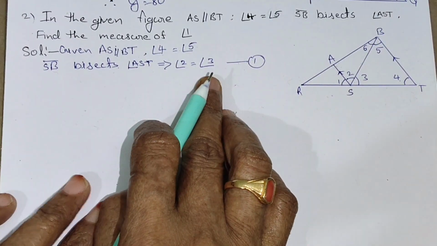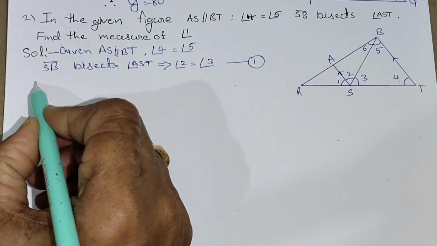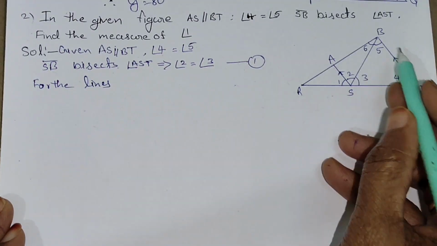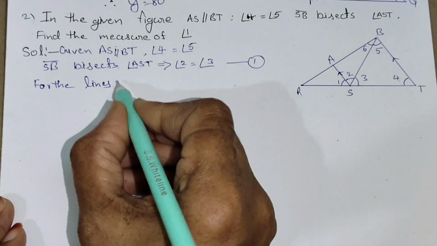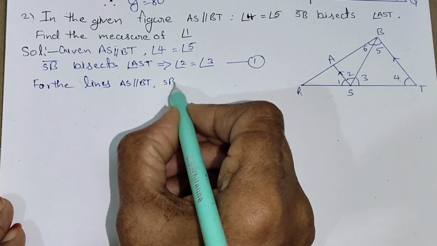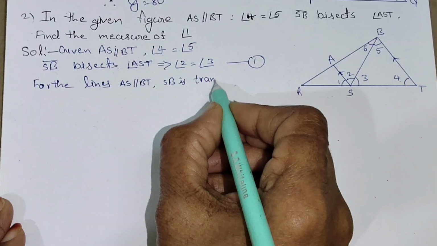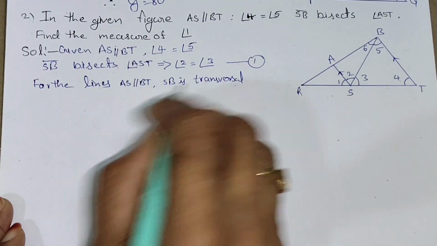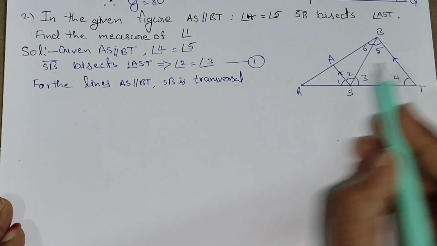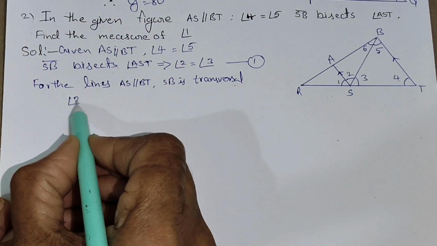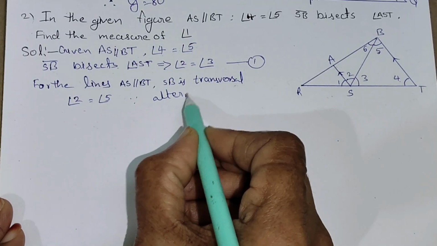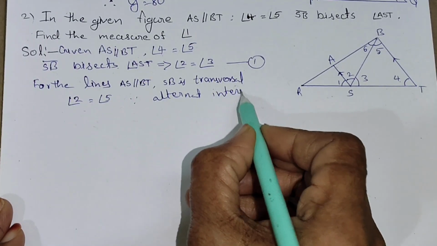From the lines, AS is parallel to BT and SB is a transversal. So angle 5 equals angle 2, as they are alternate interior angles.